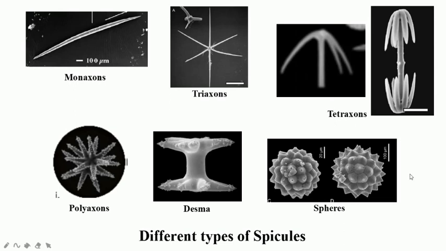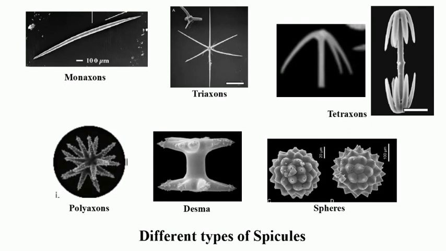Then the final form of spicules in the poriferans is the spherical type. You can see they look like spherical balls and have these siliceous pointed structures, which are the spicules. So these are basically six major types of spicules in the poriferans, and they help in the identification of the specimen.